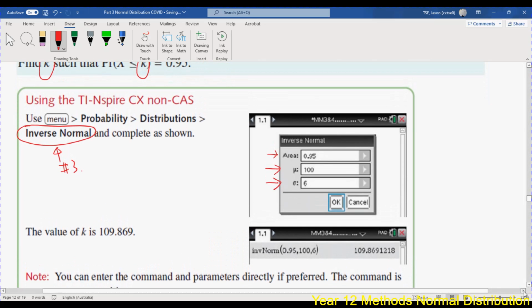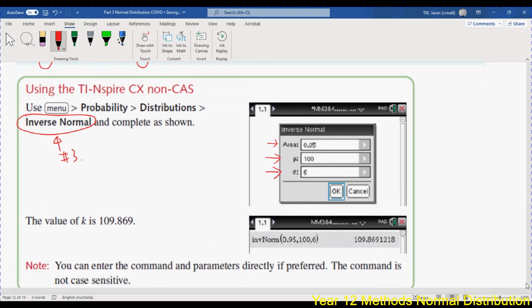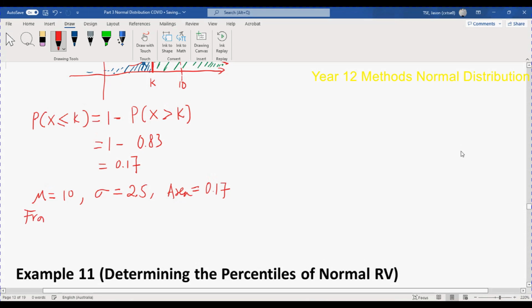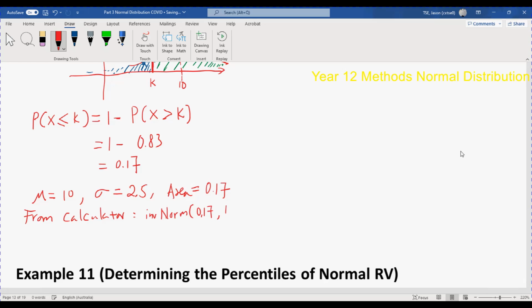Can you try to do this by yourself? I will give you a couple minutes. Try to do it. All right. From the calculator, it's up to you if you want to copy the screen, but I think it's good practice to copy from the screen of your calculator to show people how you find the value.